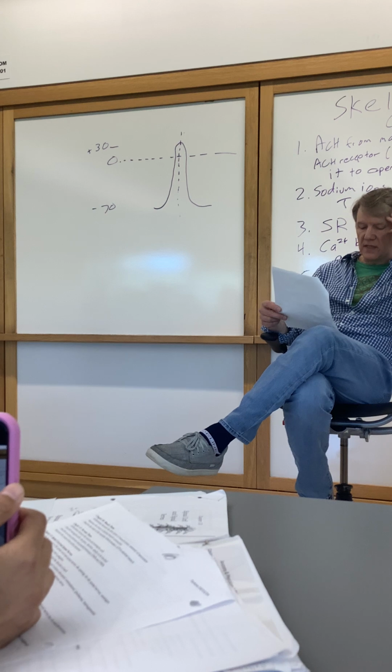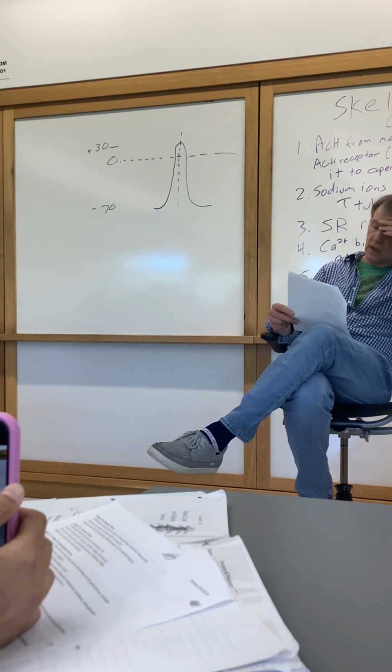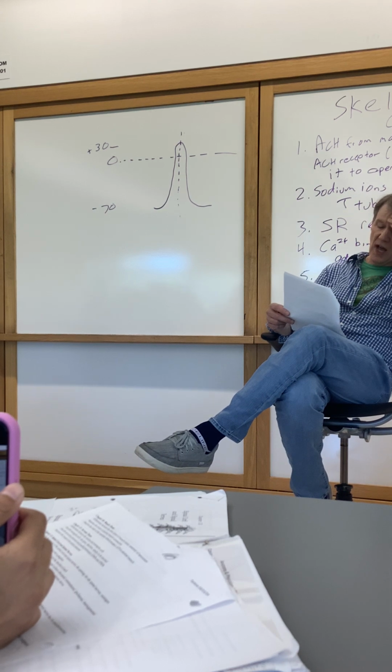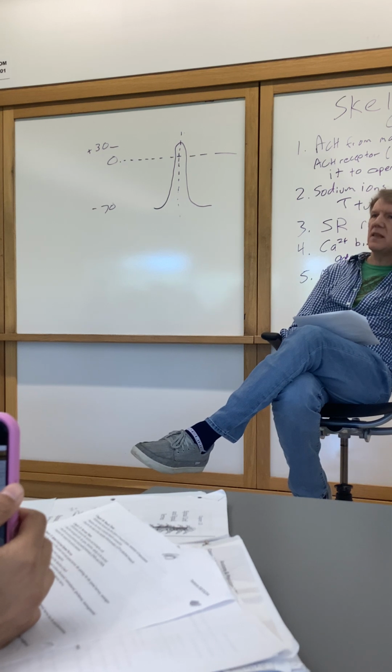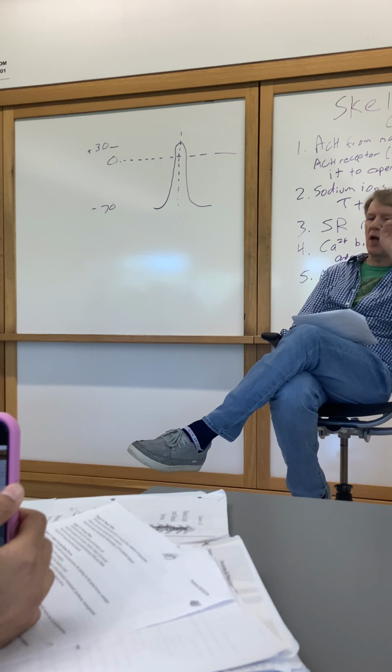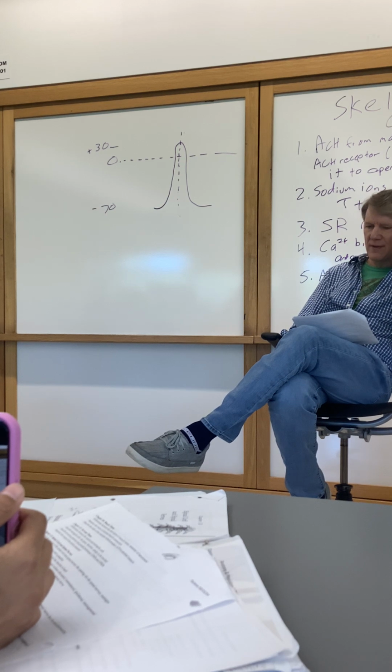Differentiate between a nucleus and a ganglion. Well, that's easy enough. So what's the definition of a nucleus? Cell bodies in the CNS. So a collection of neuron cell bodies in the central nervous system. Now, I will just tell you that they don't use the word collection. They don't use the word group.